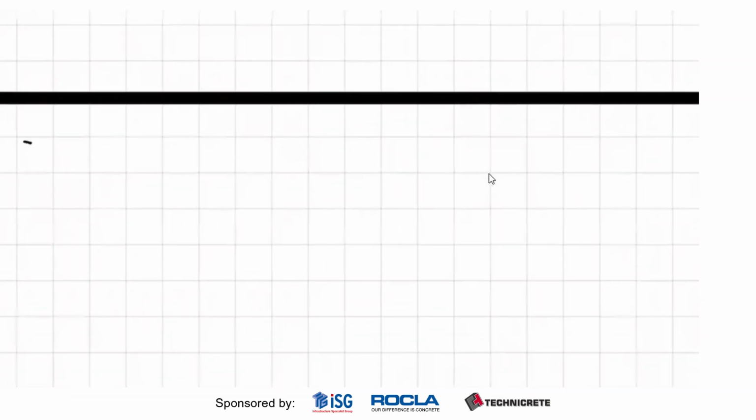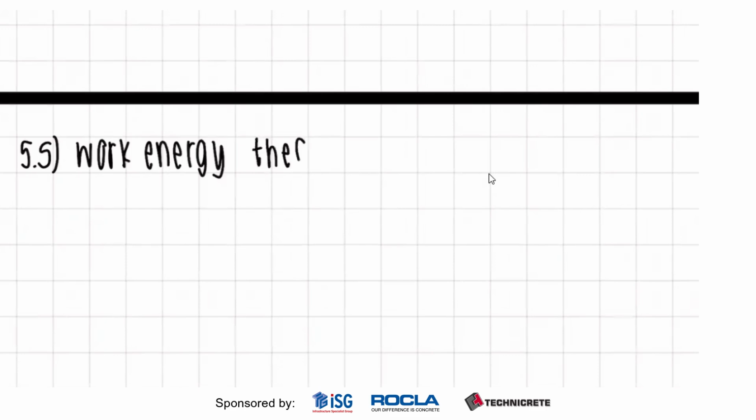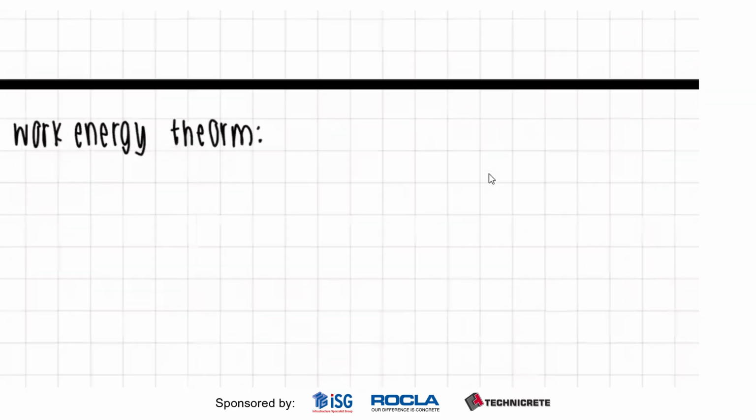It's question 5.5. The work energy theorem states that the net work done on an object is equal to the change in the object's kinetic energy.